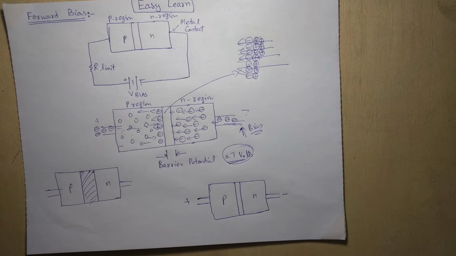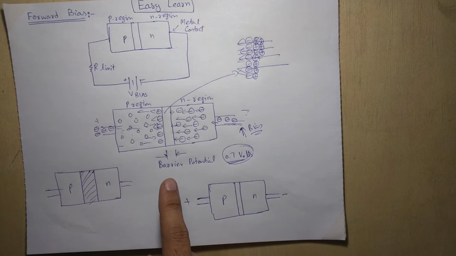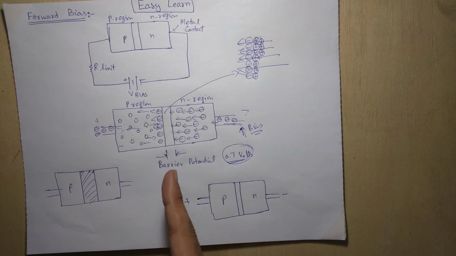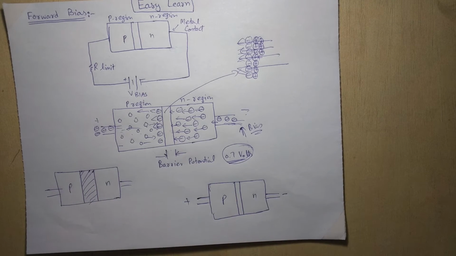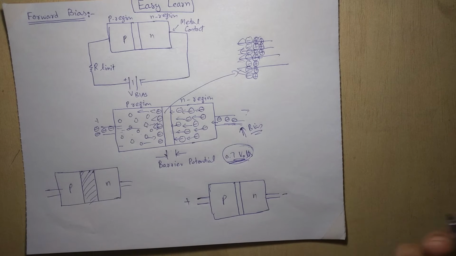Recall that the electric field between the positive and negative ions in the depletion region on either side of the junction creates an energy hill. This energy hill prevents the electrons from diffusing across the junction at equilibrium, and this is the barrier potential. So the barrier potential is nothing but an energy hill of 0.7 volts, to explain it in simple words.